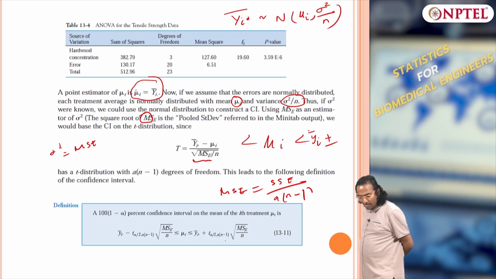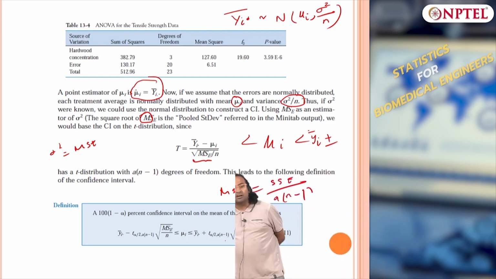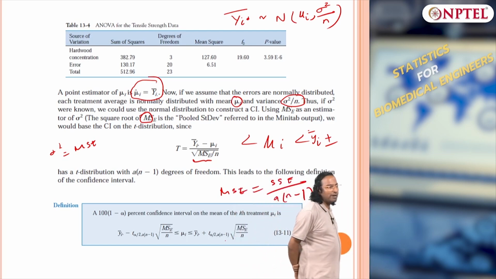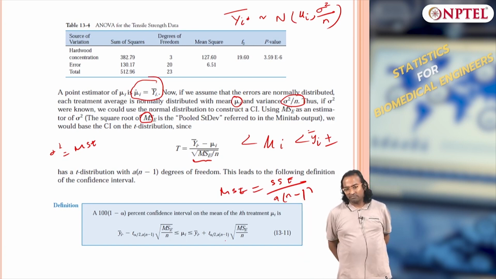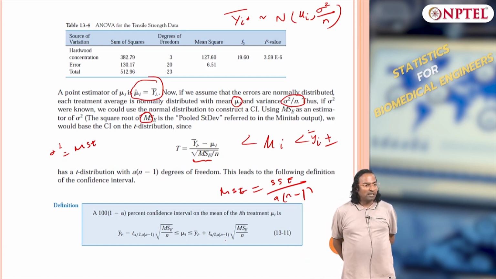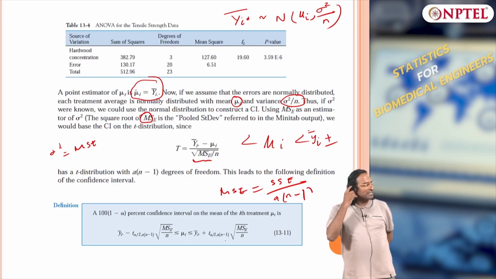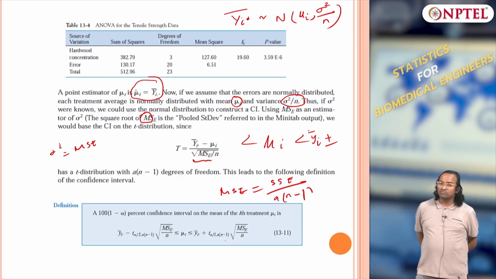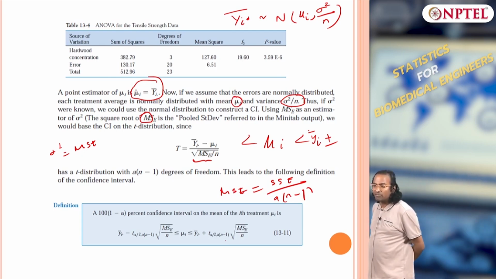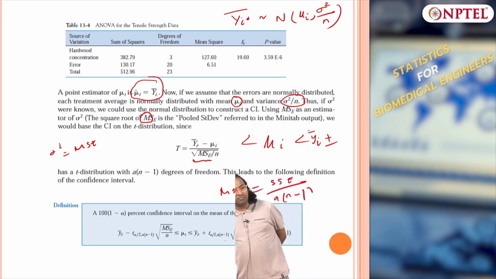So mu i is y i dot bar plus or minus t alpha by 2 into square root of MSE divided by n, that is all. And the degrees of freedom is a into n minus 1. If it is greater than 30, it automatically becomes z alpha by 2, that is all we have, right. So now we can give confidence intervals for mu i dot, okay.